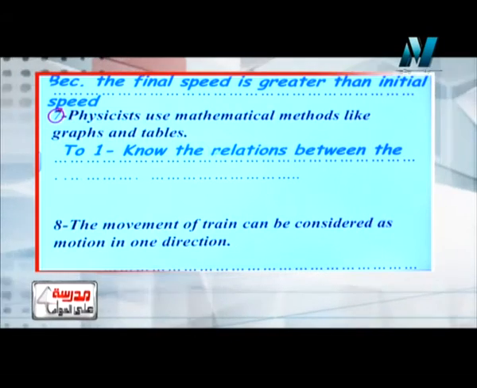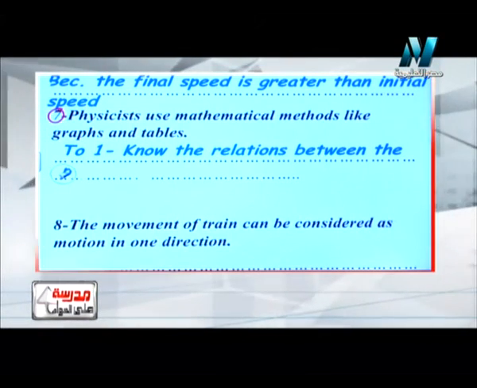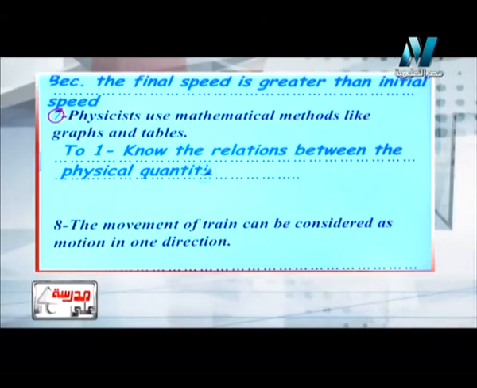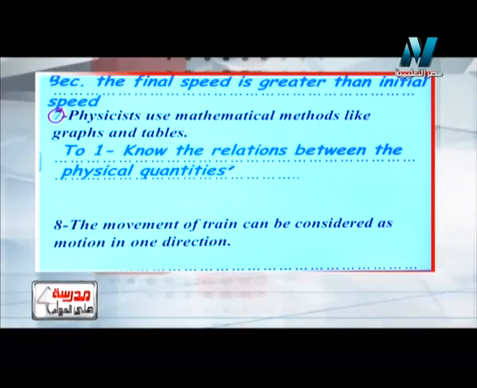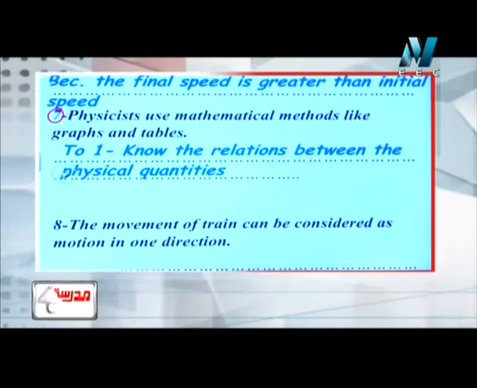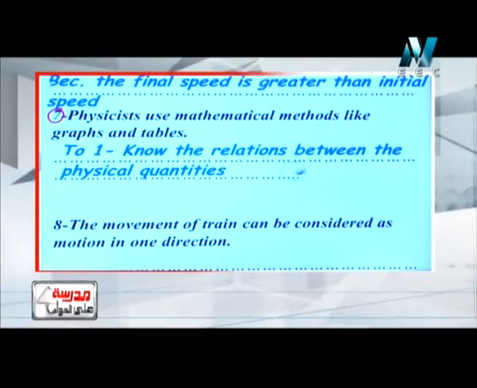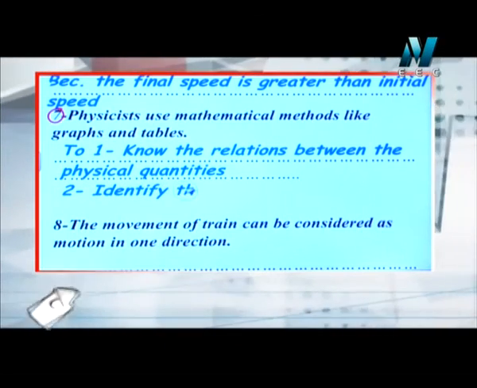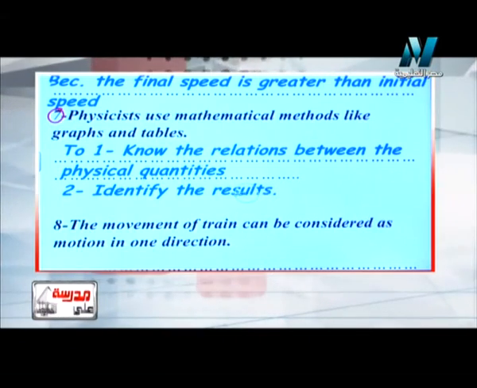عشان أعرف a relation between the physical quantities. Maybe directly proportional, maybe inversely proportional, as we studied before in lesson 1 and lesson 2. So here we know the relation between the physical quantities. Number 2, to identify the results by an easy way, عشان أعرف النتيجة.